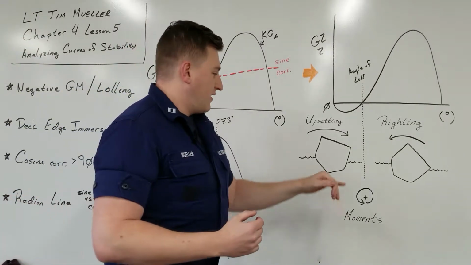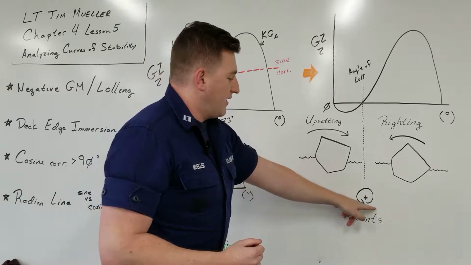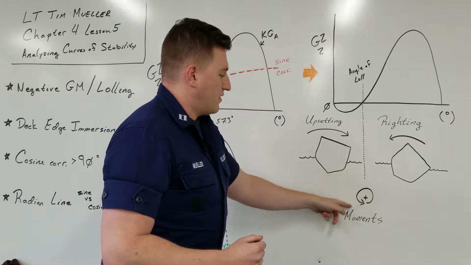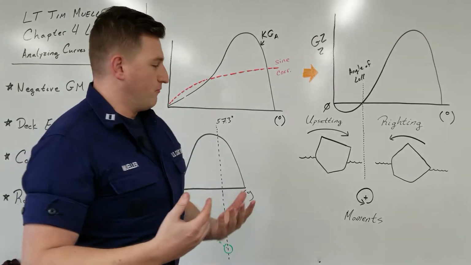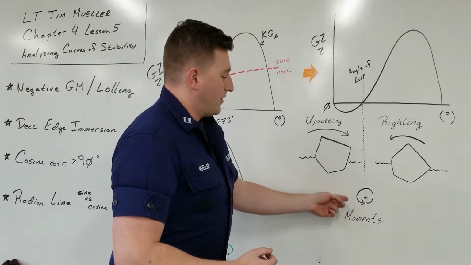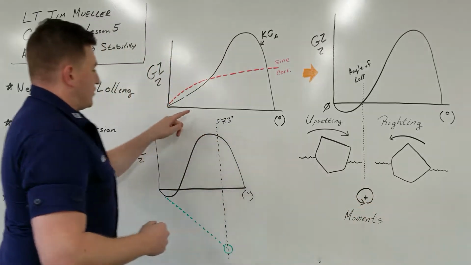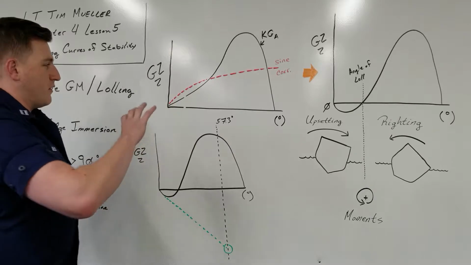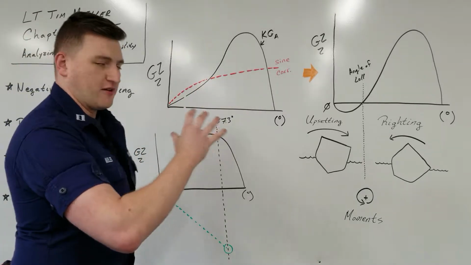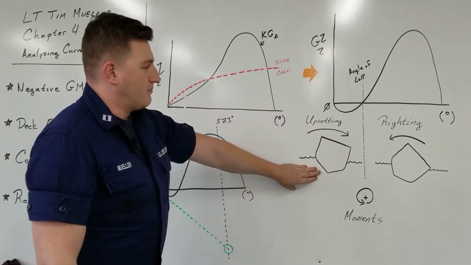That means that if we define our moments again as positive going counterclockwise, a negative righting arm would impart a negative moment, which would be going clockwise, meaning that a ship that is inclined at this angle right here would have a moment that's trying to cause it to go further clockwise. It'd be causing an upsetting moment.